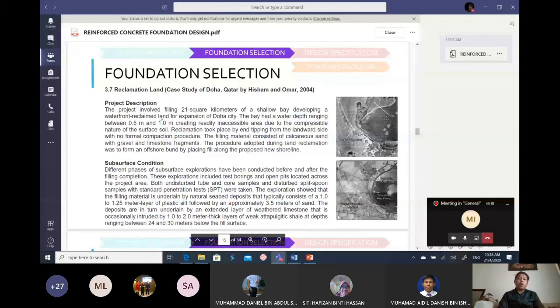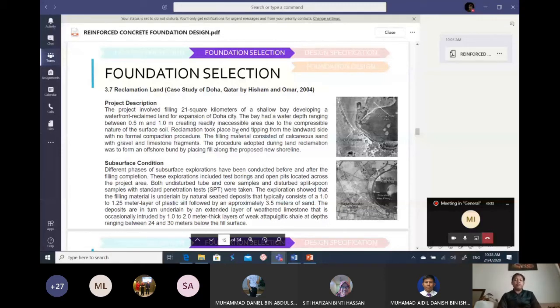The bay had a water depth ranging between 0.5 to 1 meter, which is sea water, salt water. Reclamation took place by end tipping from the landward side with no formal compaction procedure.